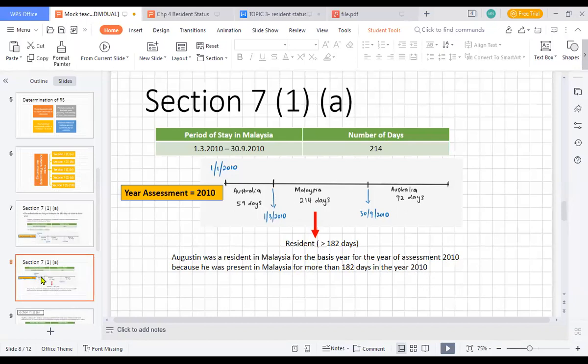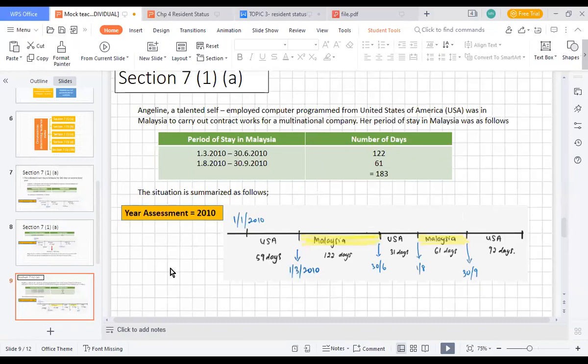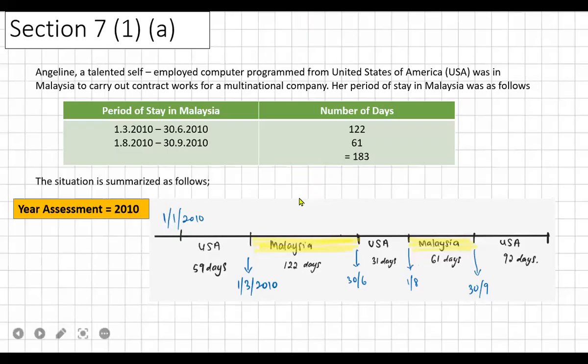Okay, next. There is an example, this one is Angeline. Just now was Augustine, this is Angeline. Angeline, a talented self-employed computer programmer from the United States of America, was in Malaysia to carry out contract work for a multinational company.